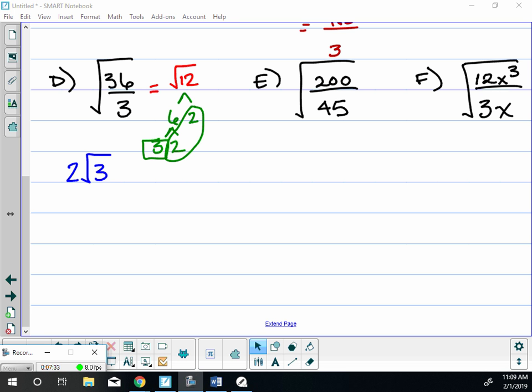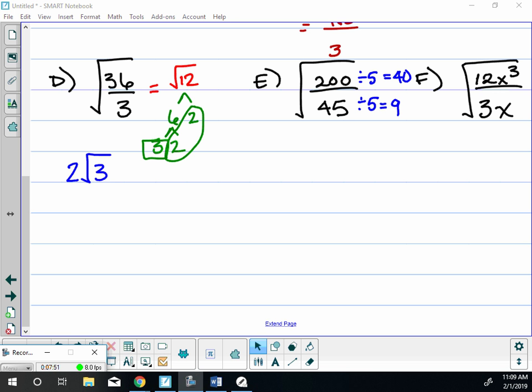So 200 is divisible by 5. 45 is also divisible by 5, right? So divided by 5, we get 9. Divided by 5, we get 40.